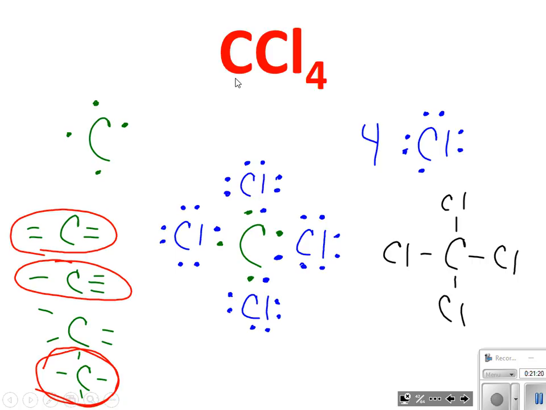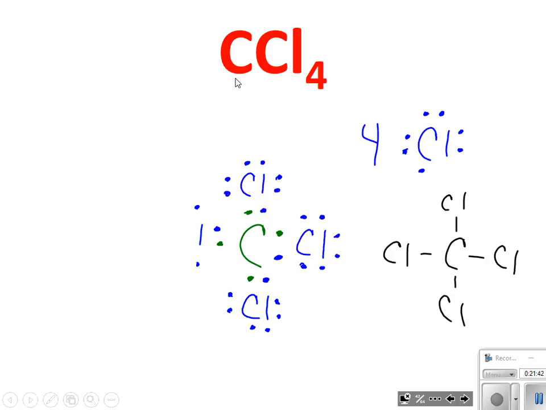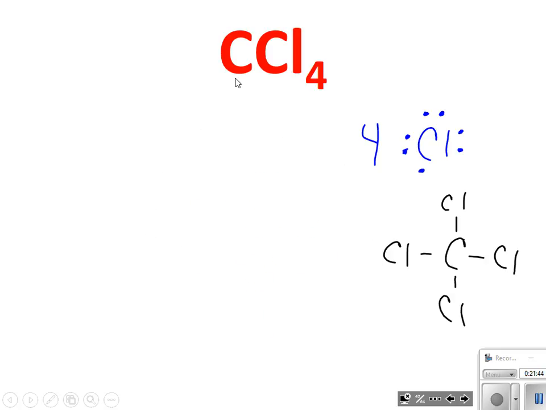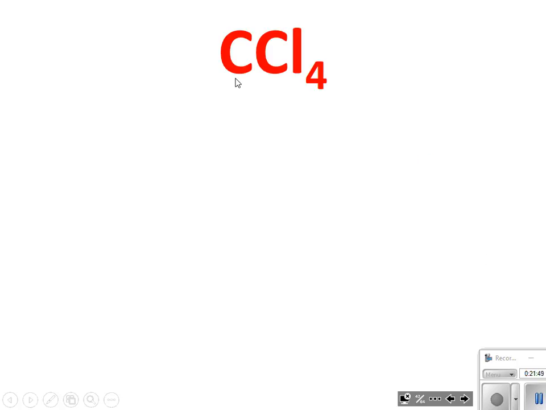I could include those, but I do not have to. So that is my Lewis structure for carbon tetrachloride. We've got our first one built. And I think my next slide just shows you.